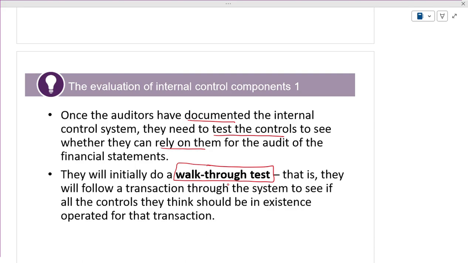What is the walkthrough test? You are practically in place in the client's environment. Assume there is an entry and an exit. The moment you go to any government office, what will they do?